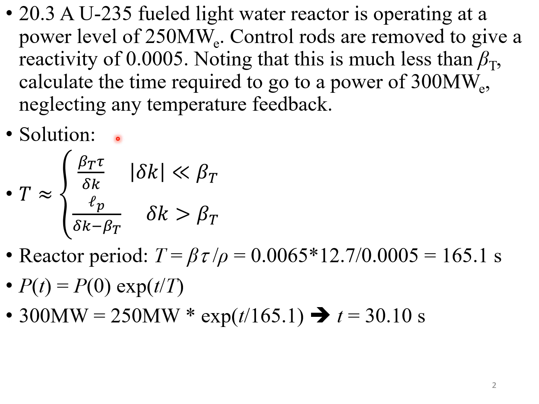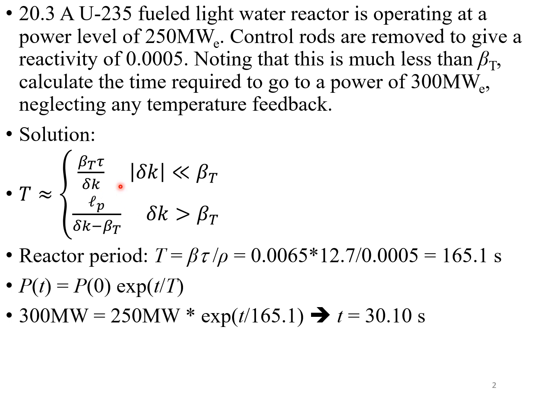And we have this reactor period equation. The delta K and the reactivity rho are interchangeable, so they have the same meaning. If this delta K is much smaller than the beta, we use the first equation. Otherwise, we use the second equation. For this problem, we use the first equation.